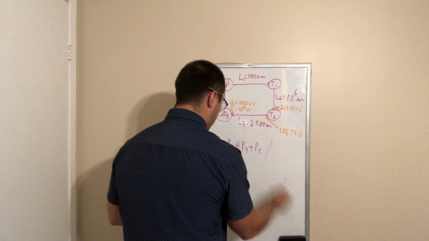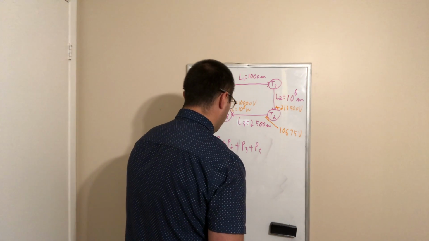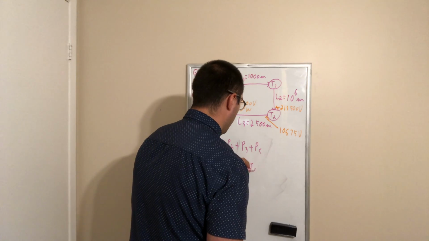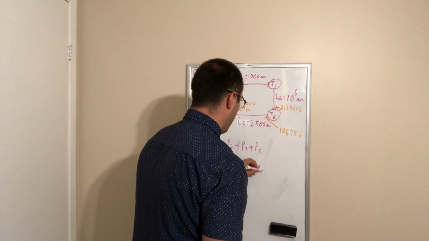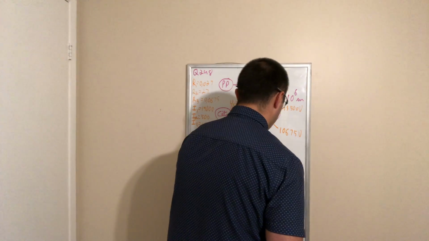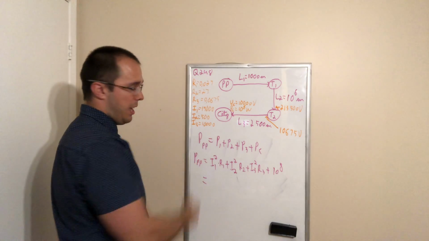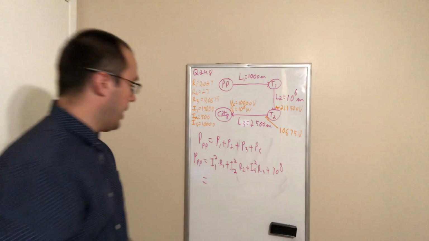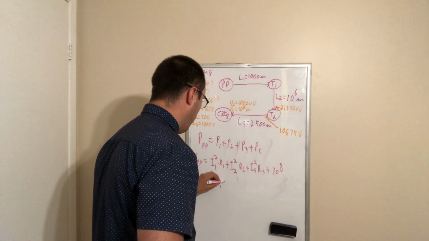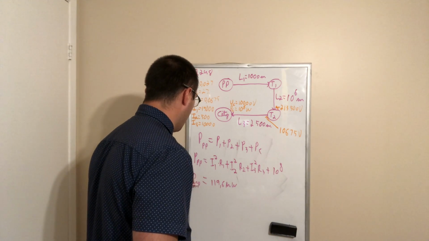So I2 squared multiplied by R2 plus I3 squared multiplied by R3 plus the power consumed at the city, which is 10 to the power 8. Okay, so when we combine everything, we take the numbers we have acquired throughout the problem, and we get a value of 119.6 megawatt of power being produced at the power plant.